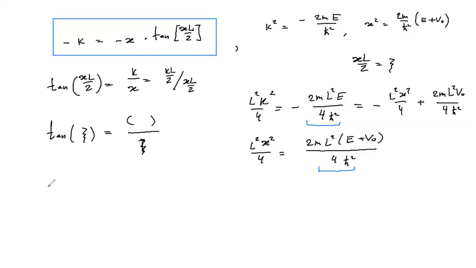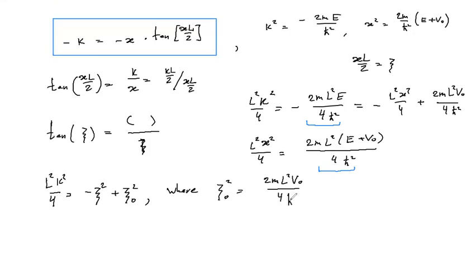My numerator then would be minus xc square. This is xc square, yeah? Plus something. For simplicity I'm going to call this xc naught square, where xc naught square is this combination. Basically xc naught square is proportional to V naught. And finally I can find the numerator.